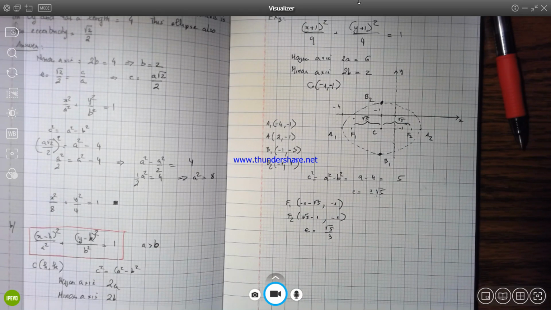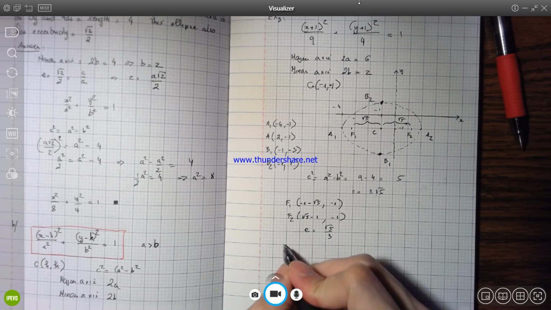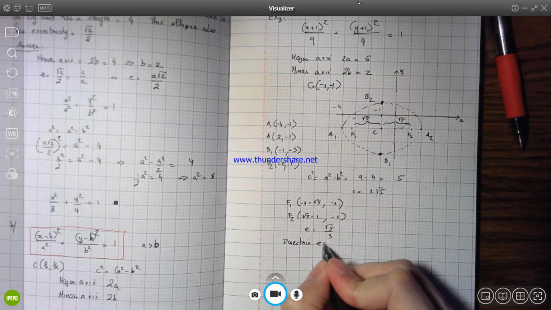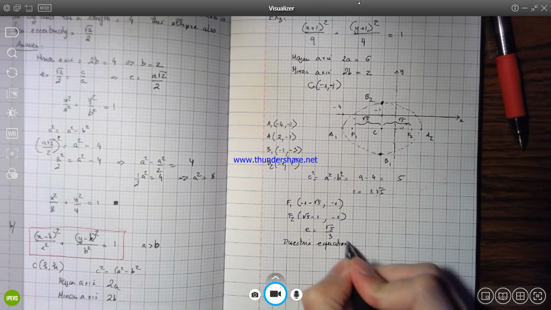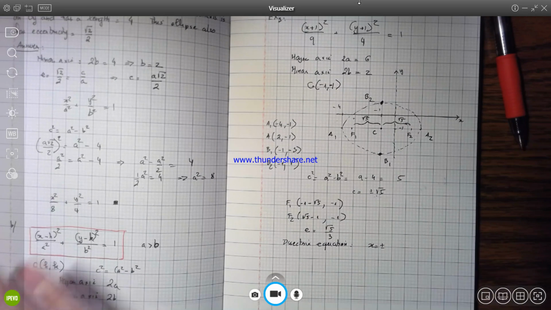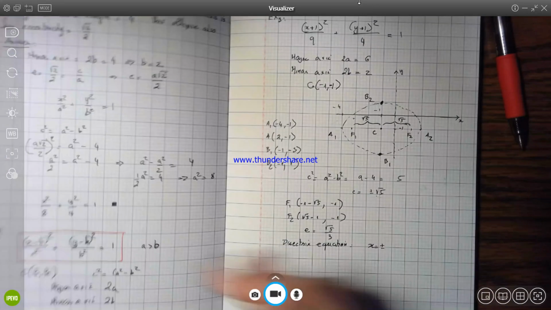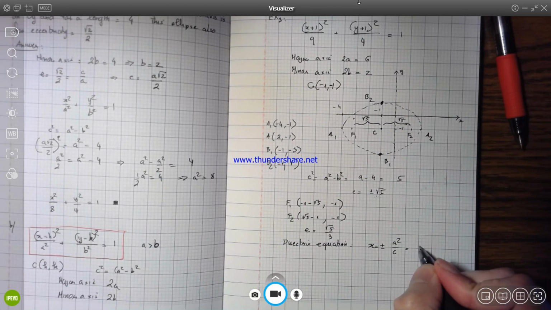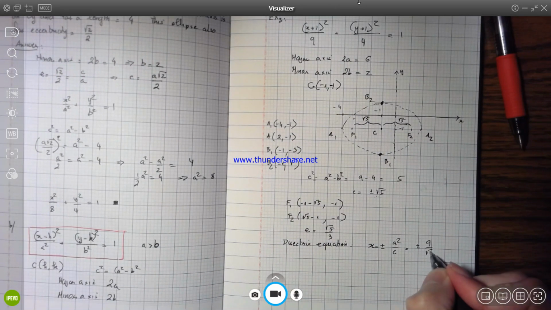The equation of the directrix could be very easy too. The directrix equation won't be changed. The only thing that changed is the coordinates. So it's x equals plus or minus a squared over c, so a squared is 9, plus or minus 9 over square root of 5.